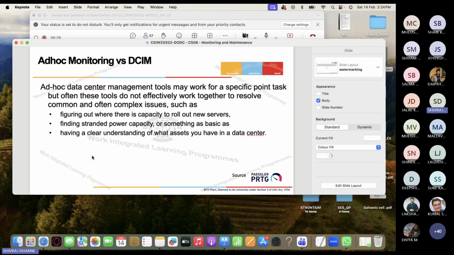What assets you have, which assets are critical for you, are they fully functional, are they available as per the need, and we don't have interruption in the service that is offered by the data center.